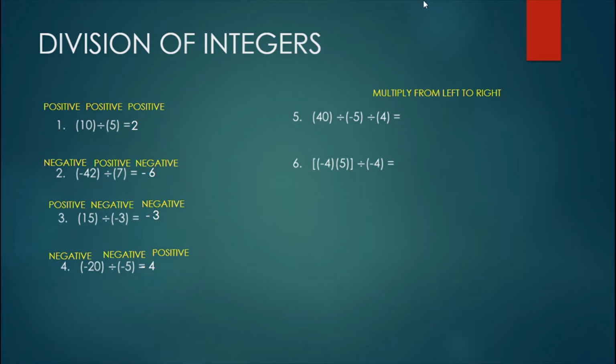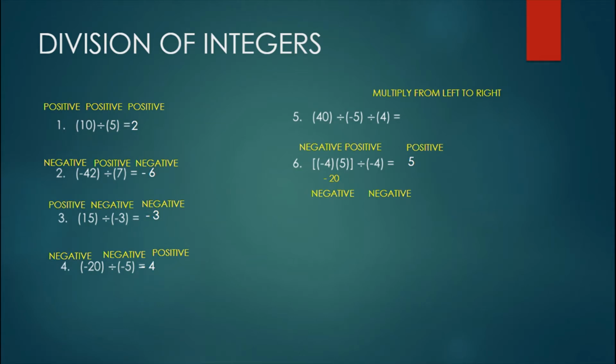So in this case, we will deal with negative 4 times positive 5. Negative 4 times positive 5, unlike sign, will give us negative 20 as our answer. Divided with negative 20 divided by negative 4, negative divided by negative, same sign, so we got a positive answer, and that is positive 5.